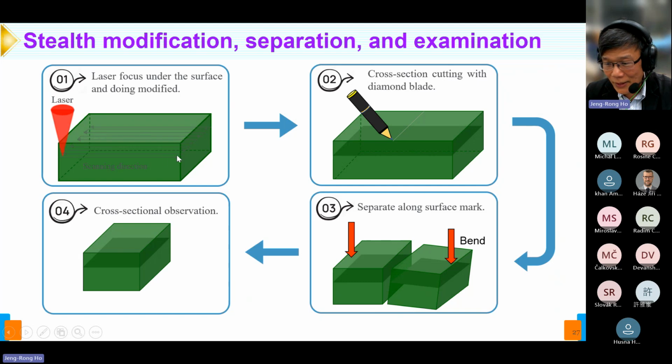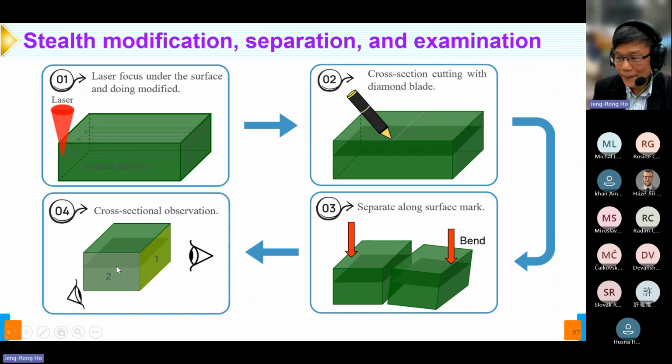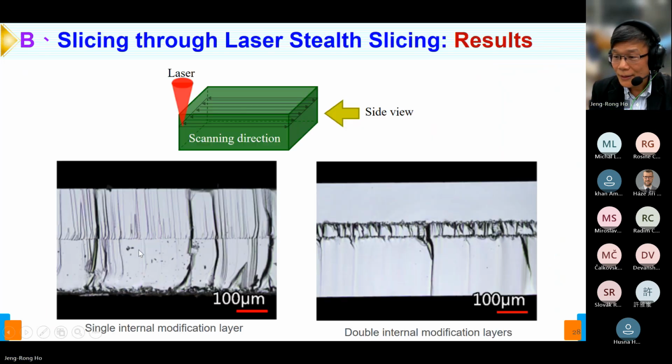This schematic shows the laser processing. We go in a zigzag pace on the focal plane. After that, we temporarily use a diamond blade to scratch the surface, then bend it into two parts. Then we conduct observations from this side and also from this side.